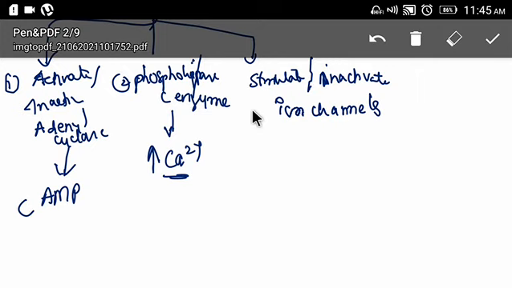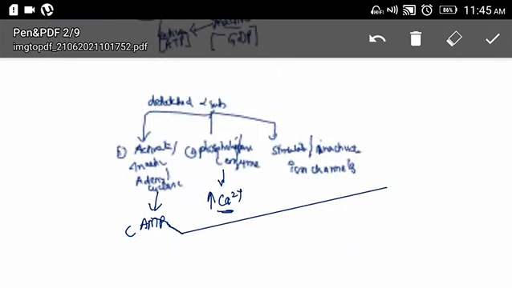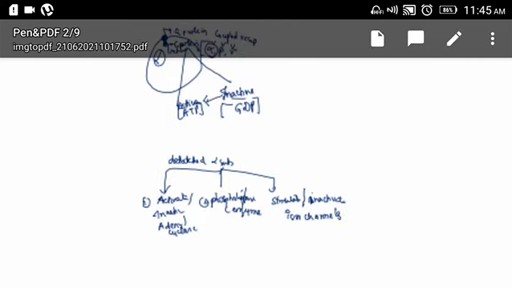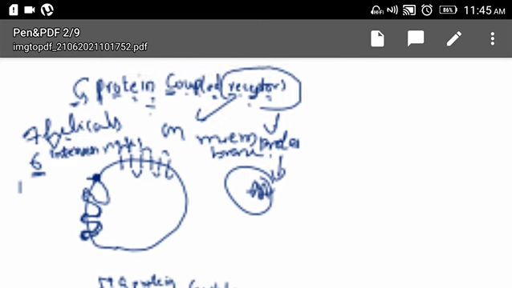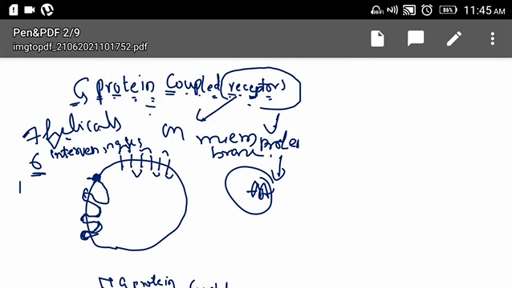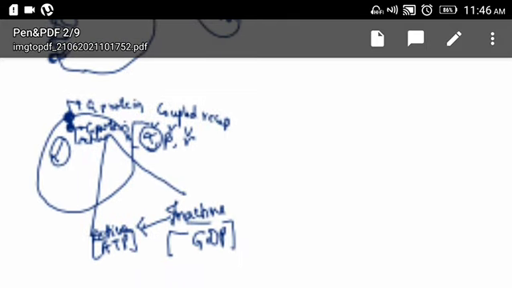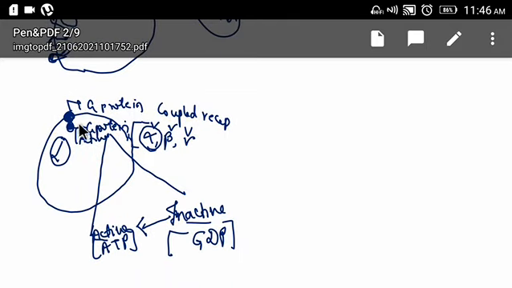Let's revise the things we have learned so far. As I told you, G protein coupled receptors are receptors like any other receptors. They have 7 helical structures and 6 intervening segments, 3 inside and 3 outside. This receptor is attached with a G protein inside the cell.